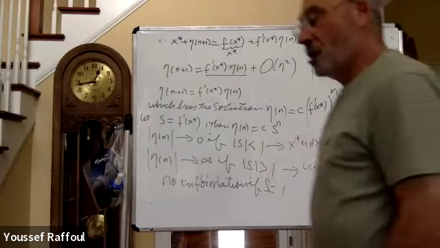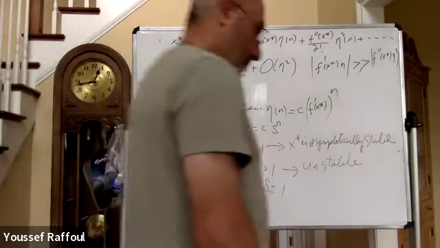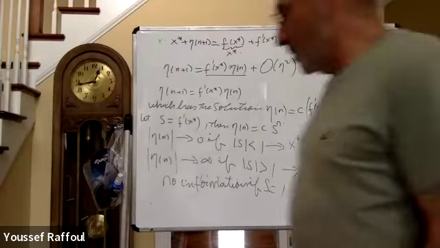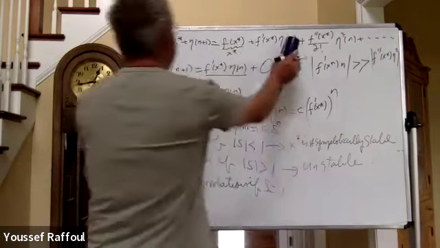That means solution go away from x star. Okay. Any questions? So let's take a look at a couple examples.